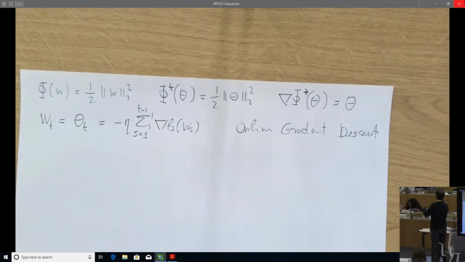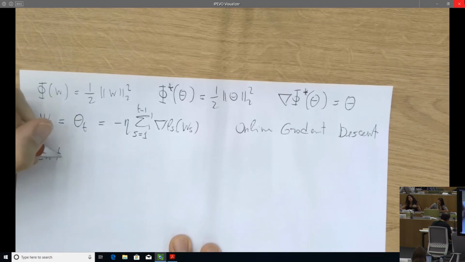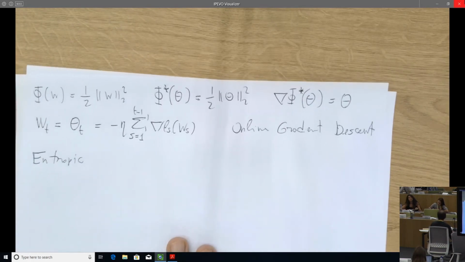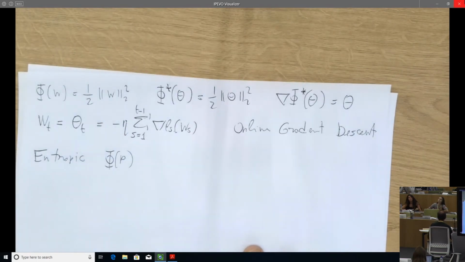Nothing happens. But now let's see what happens when I pick an entropic regularizer, and this will be the end of everything, just to give you some incentive. So, entropic. The entropic regularizer, I work in the simplex now.